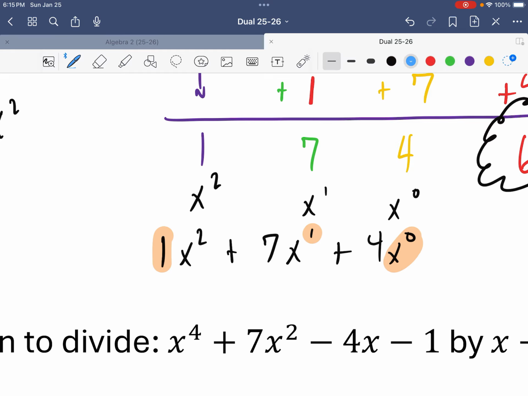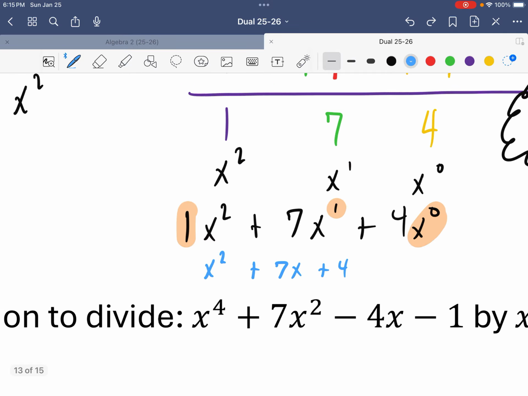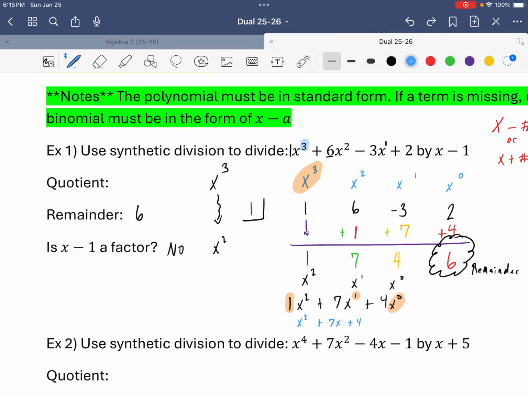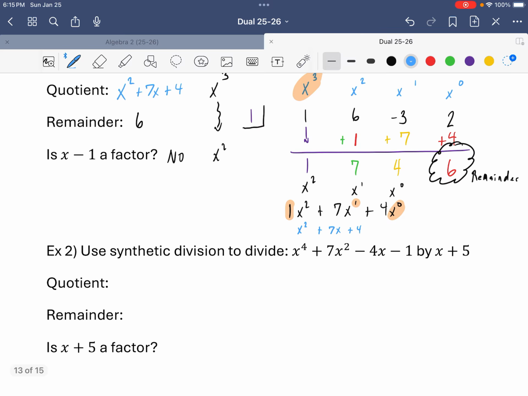You're just going to write down x squared plus 7x plus 4. And that's what these 3 numbers mean. Okay? If you got confused, rewind the video and watch it again. But that's what I'm going to write down in the quotient spot. X squared plus 7x plus 4. And it's the same thing over and over and over the entire day.